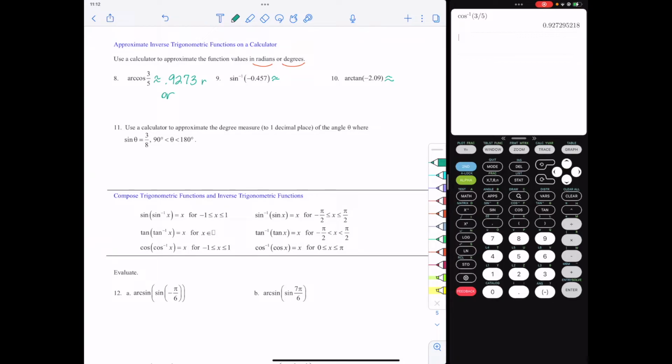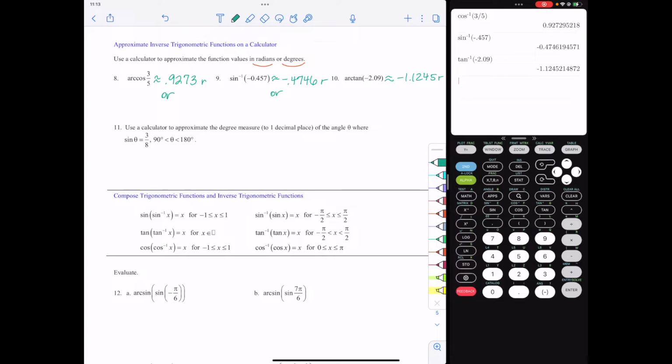Now let's have the sine inverse of negative 0.457, and we will come up with negative 0.4746. And those will be radians, and we'll give degrees in a minute. And then we'll have the tan inverse of negative 2.09, and we get approximately negative 1.1245.